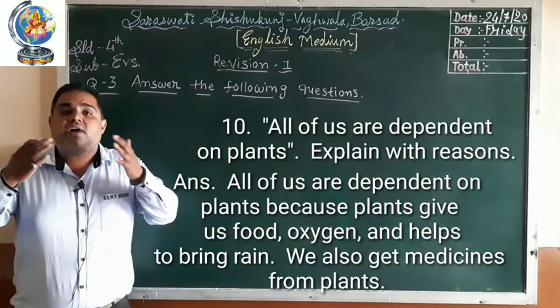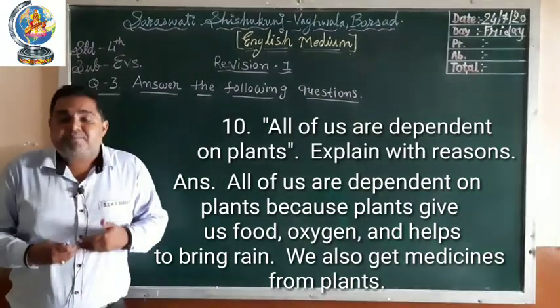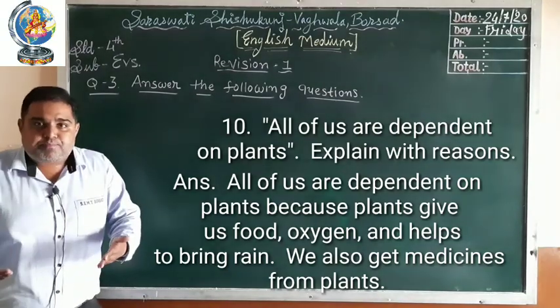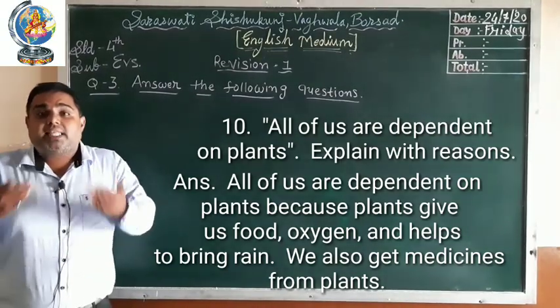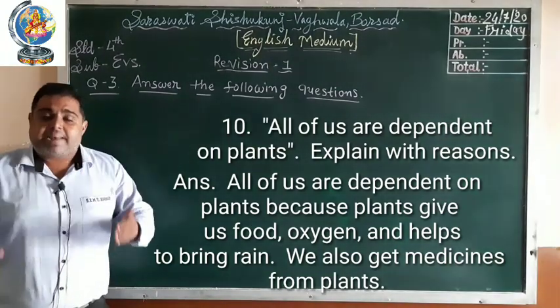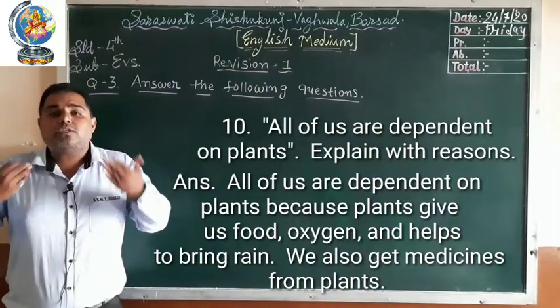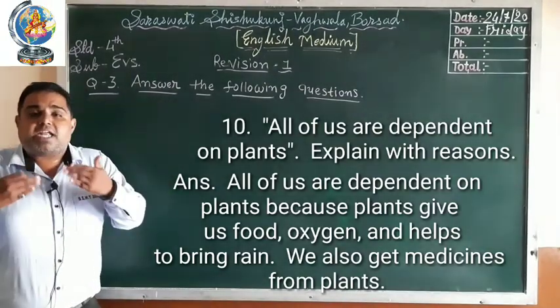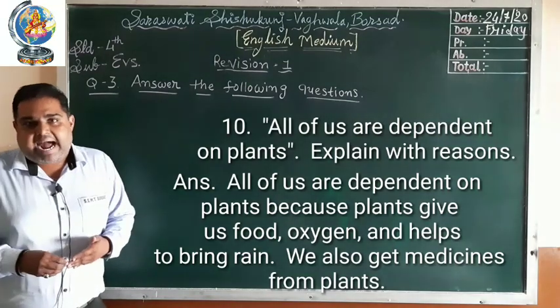They also give us oxygen, and they also help to bring rain. And what is another reason? We also get medicine from plants. So we get lots of things from plants. That is why we are dependent on plants.